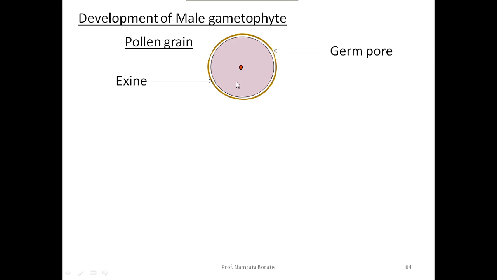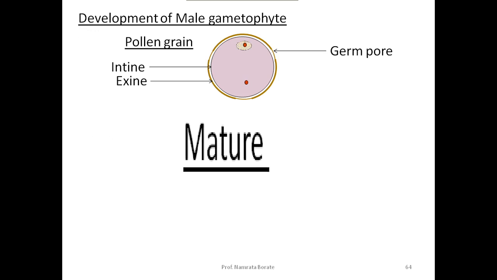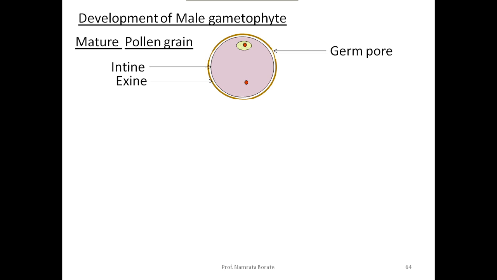This young pollen grain undergoes the first mitotic division, forming a two-cell structure. The smaller cell is known as the generative cell and the larger cell is known as the vegetative cell.